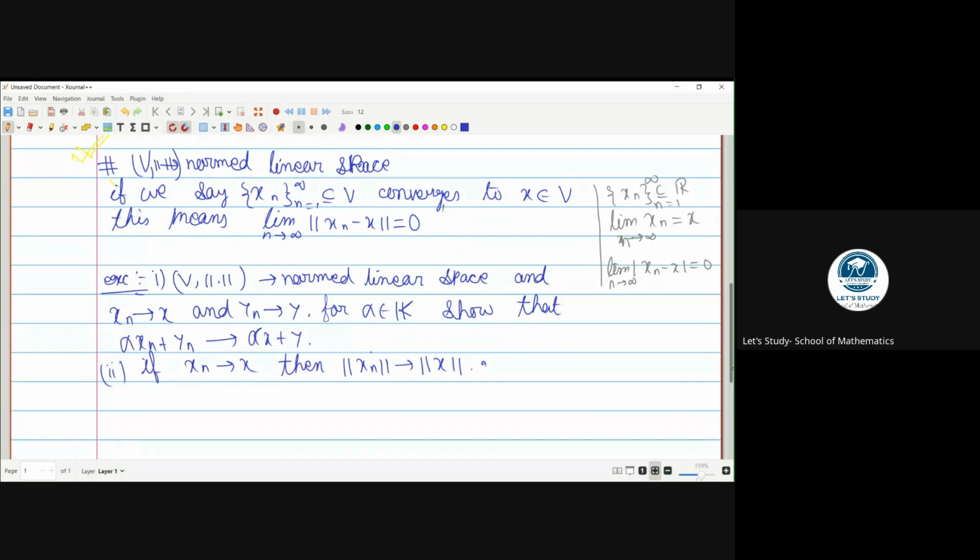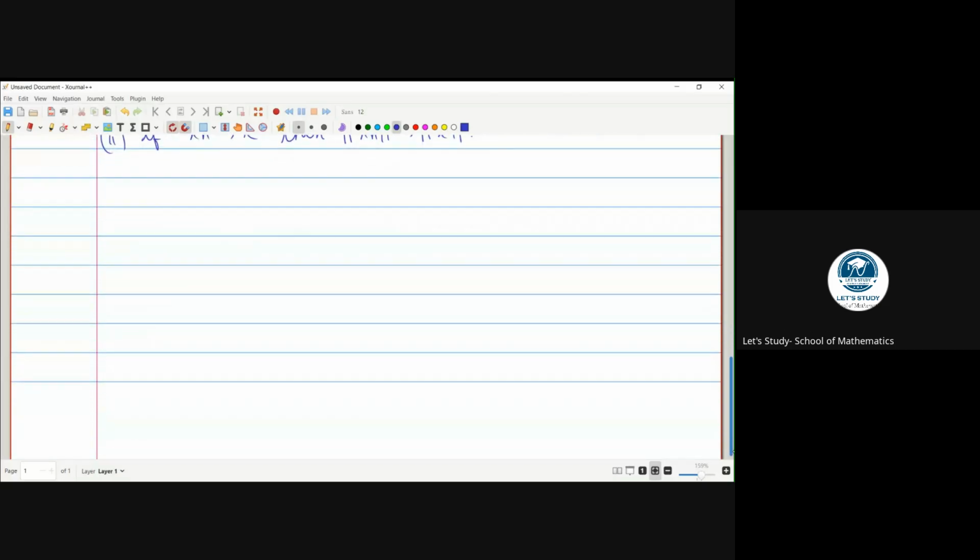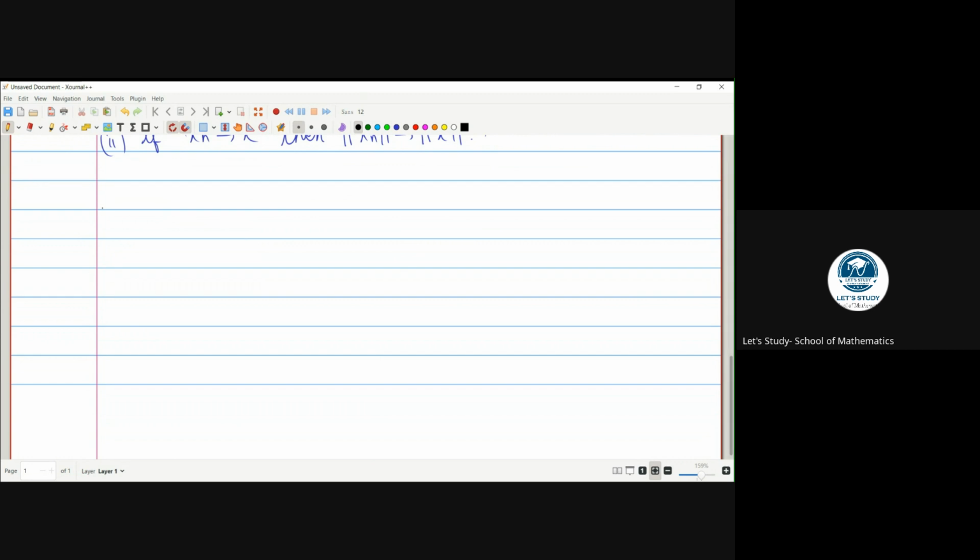Now, Kn is what? It is the set of x1, x2, up to xn such that xi belongs to K for all i equals 1 to n, and it is a vector space over K. It is known to all; we have done this in the linear algebra course.